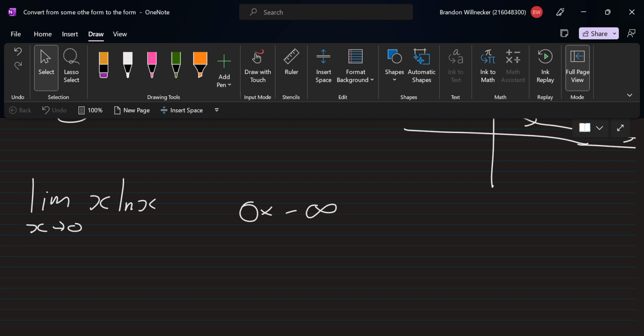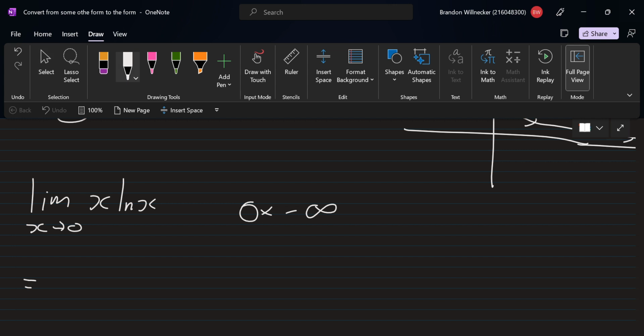Okay, I'll put that for homework. But for here, we're just going to stick with this one. So if x goes to 0, we need something that will go to infinity. So if x goes to 0, what can we do? The simplest thing is 1 over x. If x goes to 0, 1 over x goes to infinity, which is what we need.